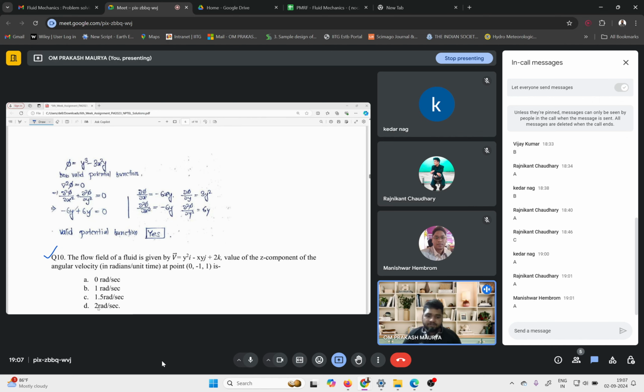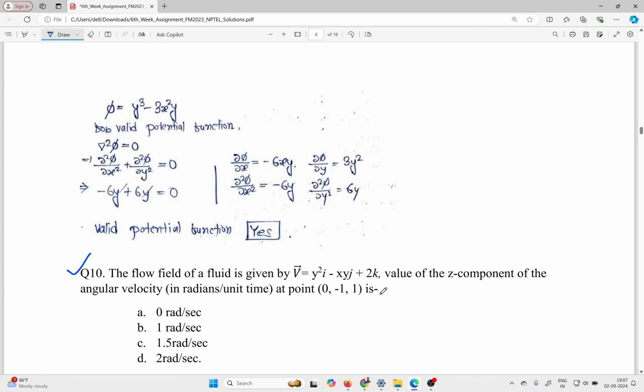So question number 10, what is it telling? Let me read. The flow field of a fluid is given by V vector equals y square i minus xy j plus 2k.